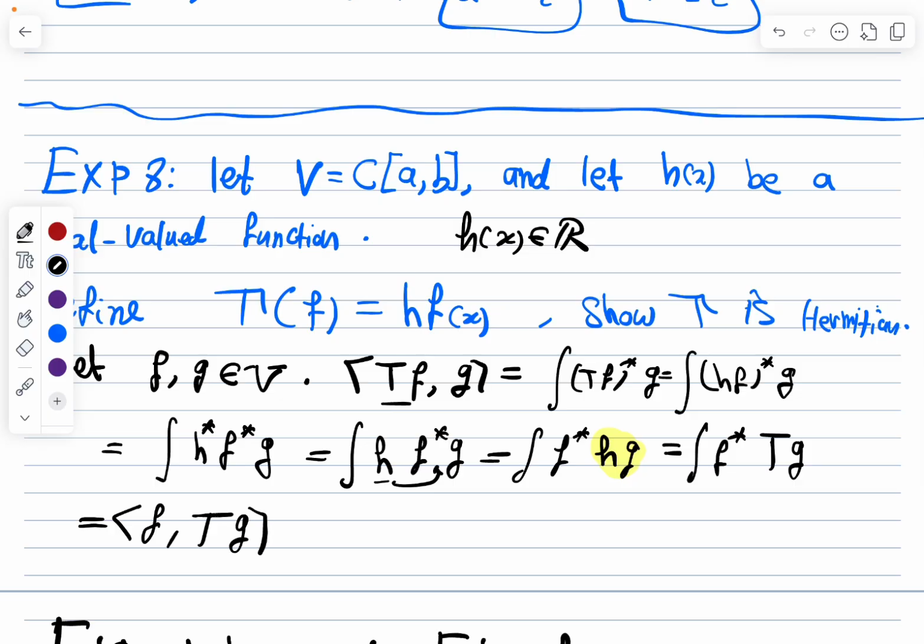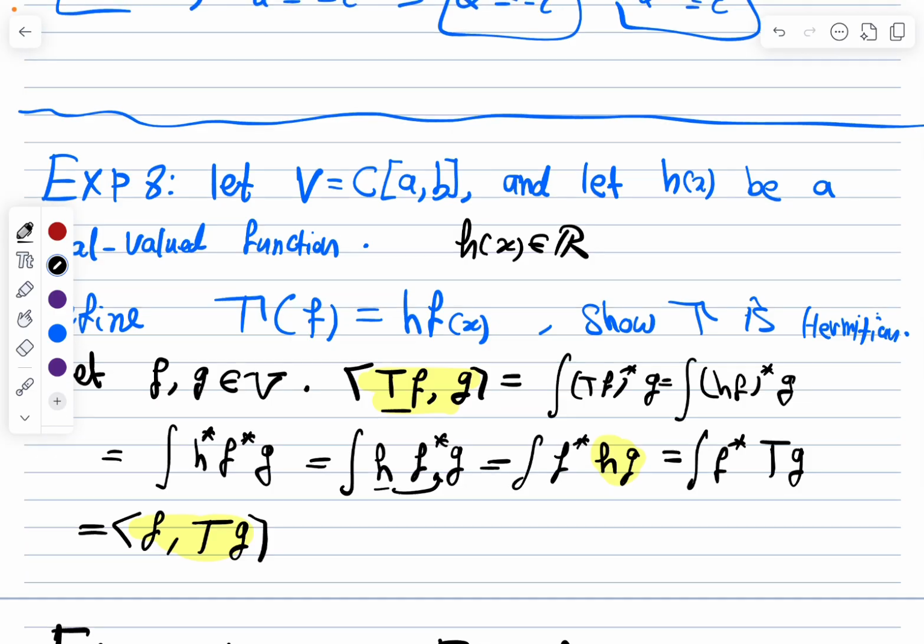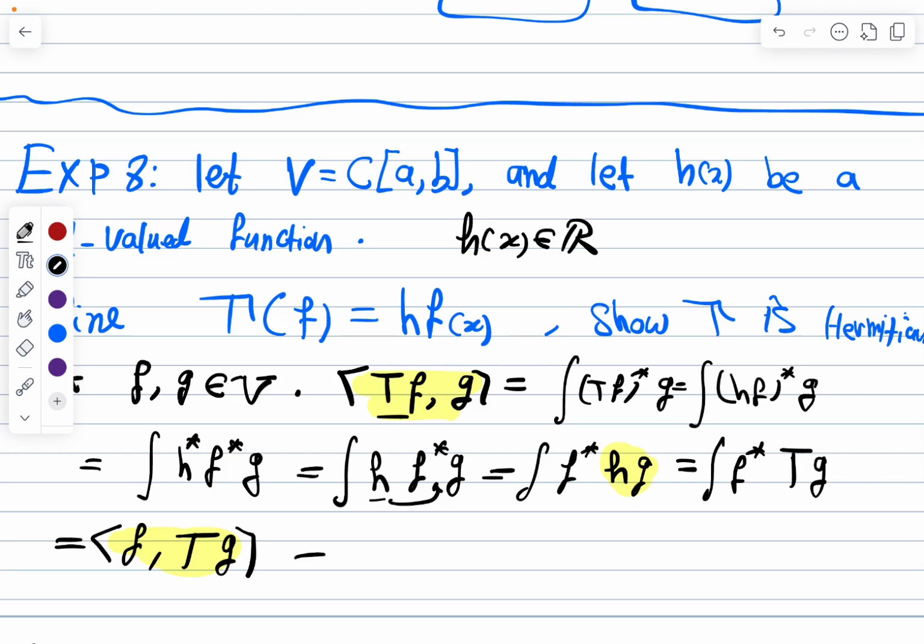And we are done. So we showed that for any functions f and g we have this equality, so we can move T from the left to the right, which means that T is equal to T dagger.